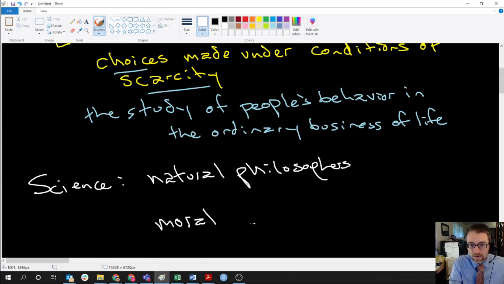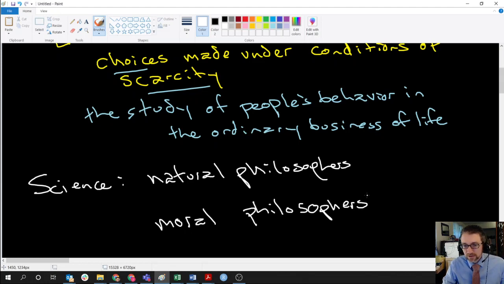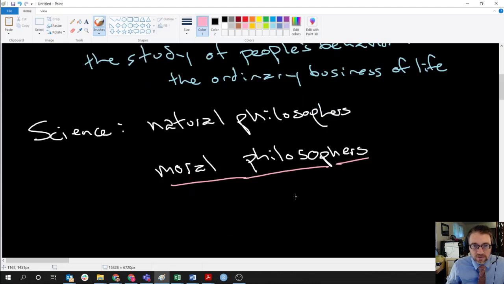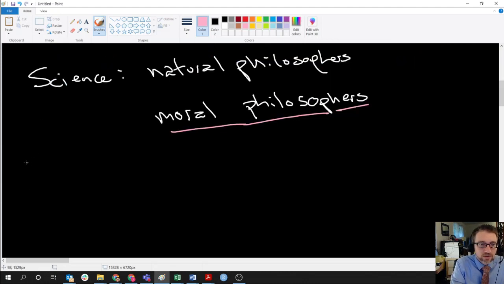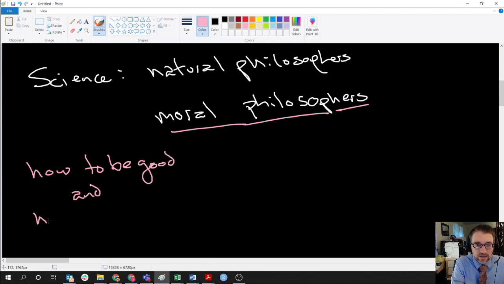This is the Enlightenment, so we're talking about the early to late 1700s. Almost all the social sciences come out of this moral philosophy, and moral philosophy really is trying to answer the question of how to be good and how to do well, something like that.